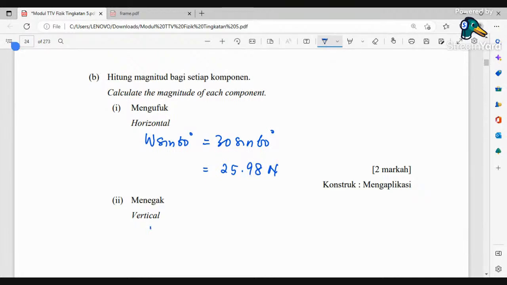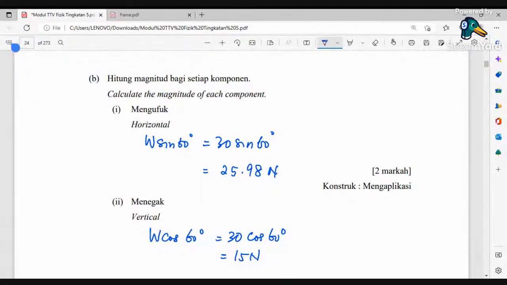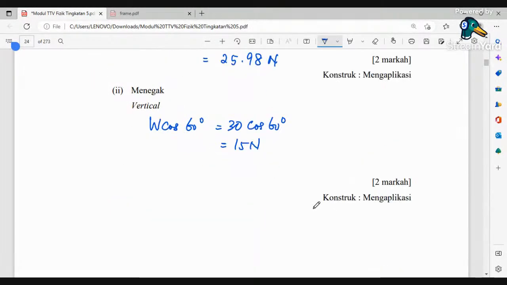Okay, component vertical W cos 60. Cos 60 is 0.5, so I will get 15 Newton. Okay.